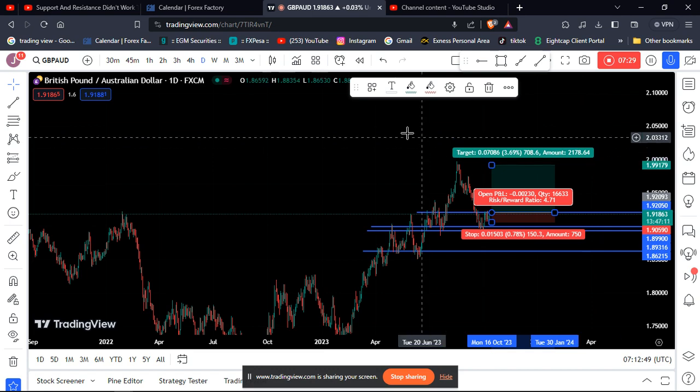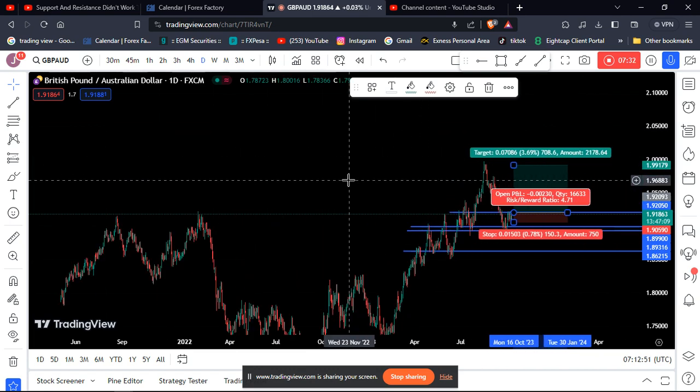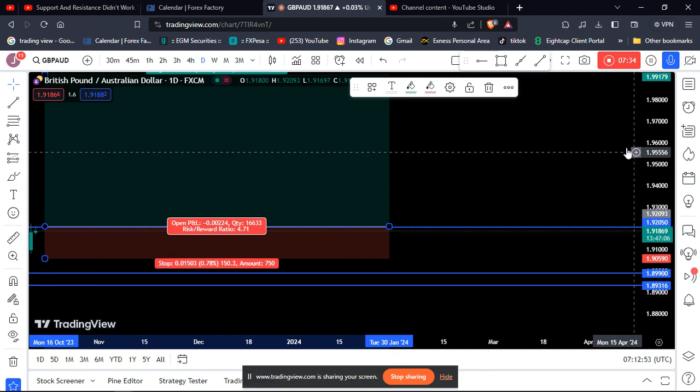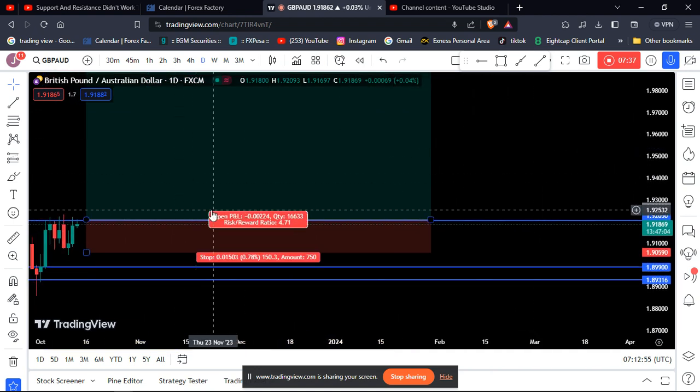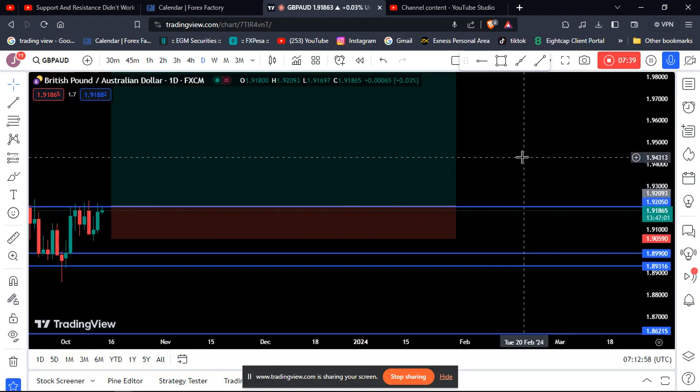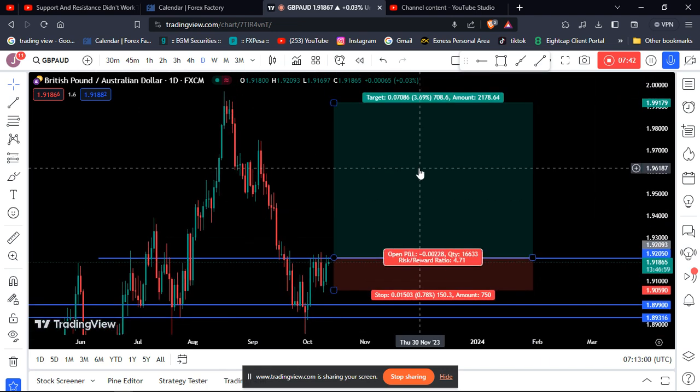Then the risk to reward ratio for this particular trade, at a stop loss of 150 pips and a take profit at 700 pips, will be 1 to 4.7. That means if you have $100 ready to be risked, then you're going to earn $471 effortlessly. And if you have $1,000 ready to be risked, then you're going to earn $4,710 effortlessly.